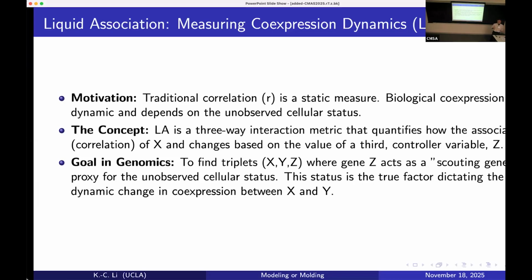We are very dynamic. So intrinsically, there should be a fluctuation of your cellular status that governs the role, and then perhaps sometimes you have a positive correlation, sometimes a negative correlation, and the two can cancel out. Okay, so how do we find that? You have to imagine that there's a thing I call the controller variable, or scouting gene. At that time, I don't think people understood what a scouting gene is; it had never been used in genomics.